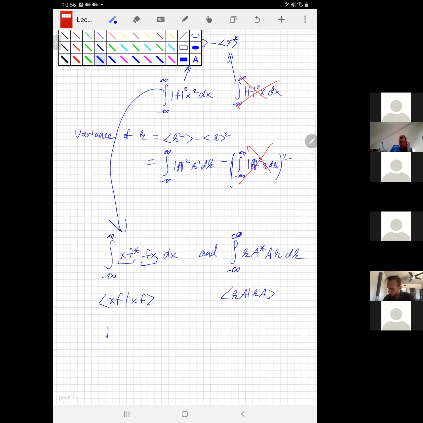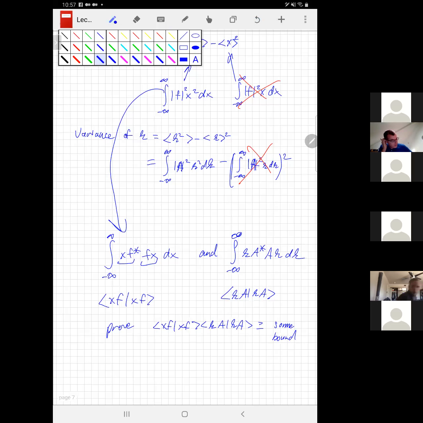And so we're trying to prove that the inner product of xf with xf times the inner product of ka with ka is greater than or equal to some bound. So I've got two different functions.